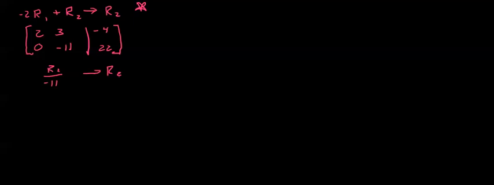And notice I'm using subscripts. I am not using anything else. So I have 2, 3, negative 4, 0 divided by negative 11, 0. Negative 11 divided by negative 11, 1. 22 divided by negative 11, negative 2.